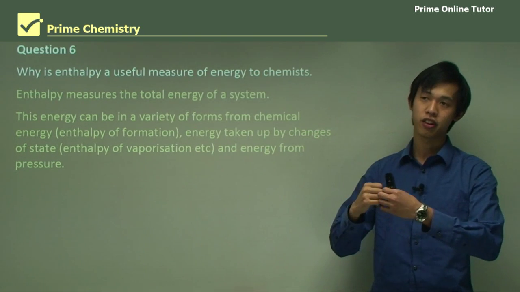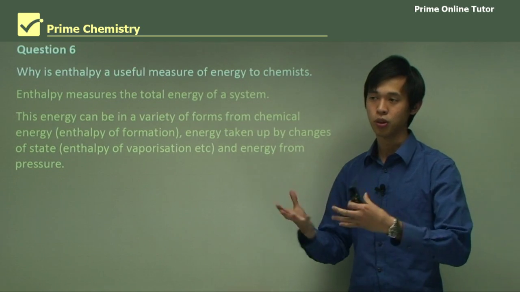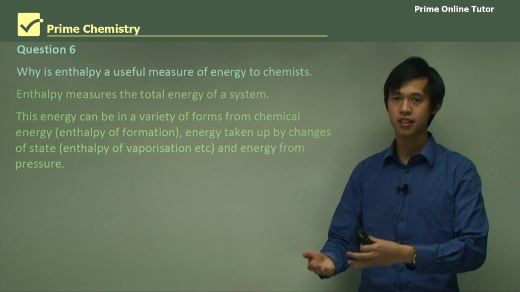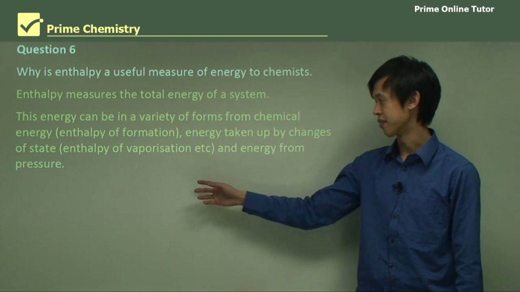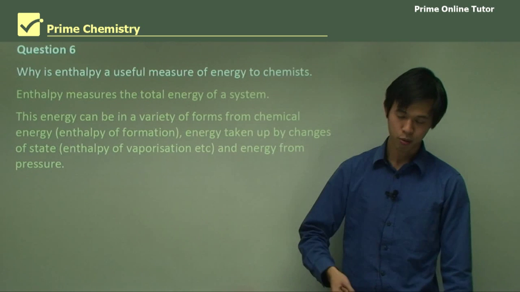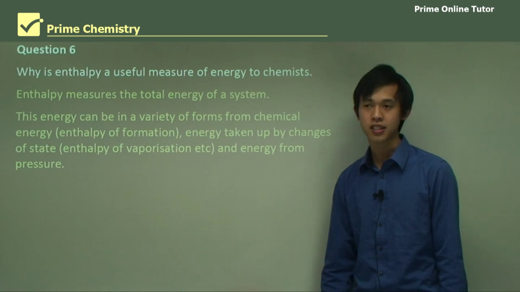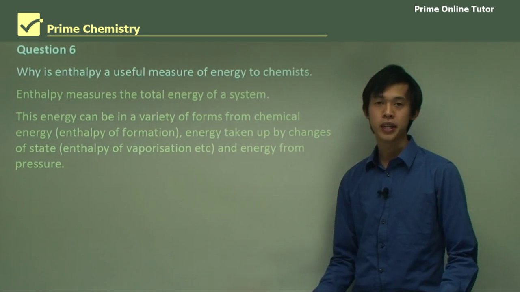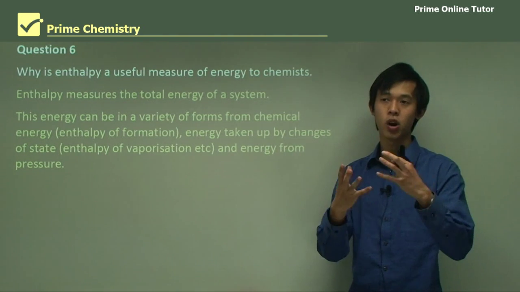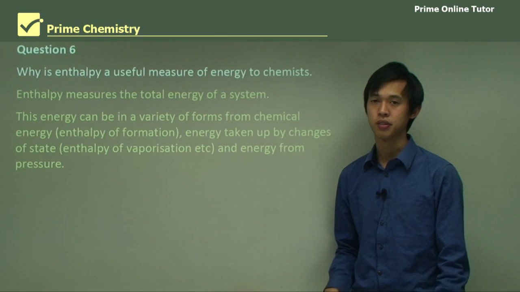So the enthalpy created by or absorbed when something changes state, from solid to liquid or liquid to gas or solid to gas or any of those things. And energy can also come from pressure. So when you put pressure on a system, you're putting energy into that system. So this enthalpy can account for all of these different things, all in the one parameter, which is called enthalpy.